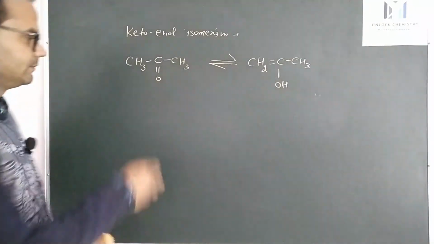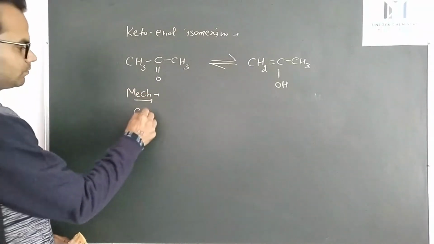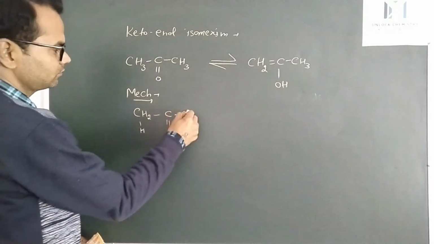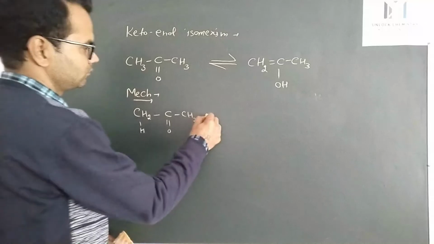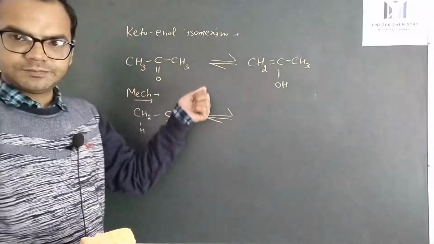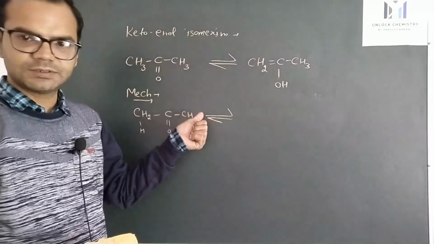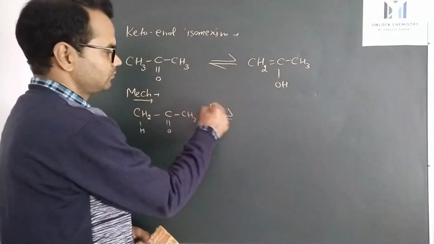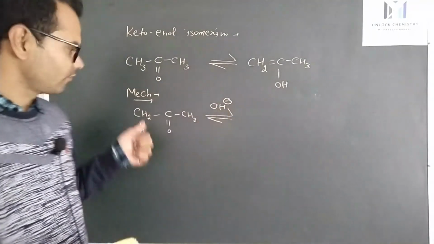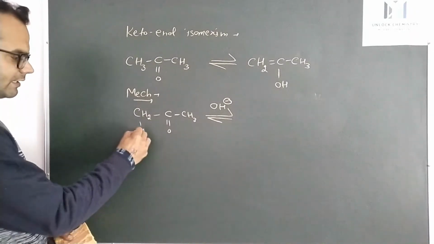So what is the mechanism? Actually, keto-enol isomerism takes place in presence of a basic medium. So what is the role of this base? This will abstract hydrogen. It will give its electrons to hydrogen.